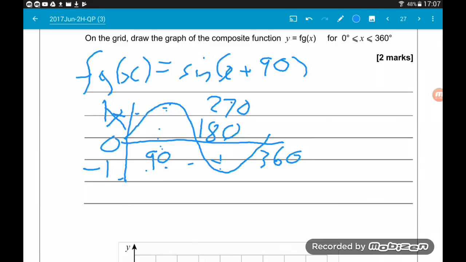Then it's going to hit the x-axis, not at 180 degrees, but at 90 degrees. Then the trough is going to be at 180 degrees, for example. So it's actually going to give us the cos graph. So the sketch of this is going to look something like this.